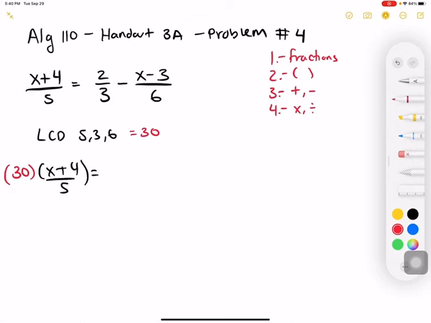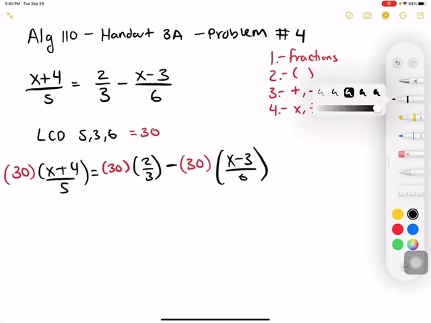And then on the right side, I'm also going to multiply 30 times 2/3, and then minus 30 times the second fraction. Every single fraction times the least common denominator is going to get rid of the fractions in the next step.